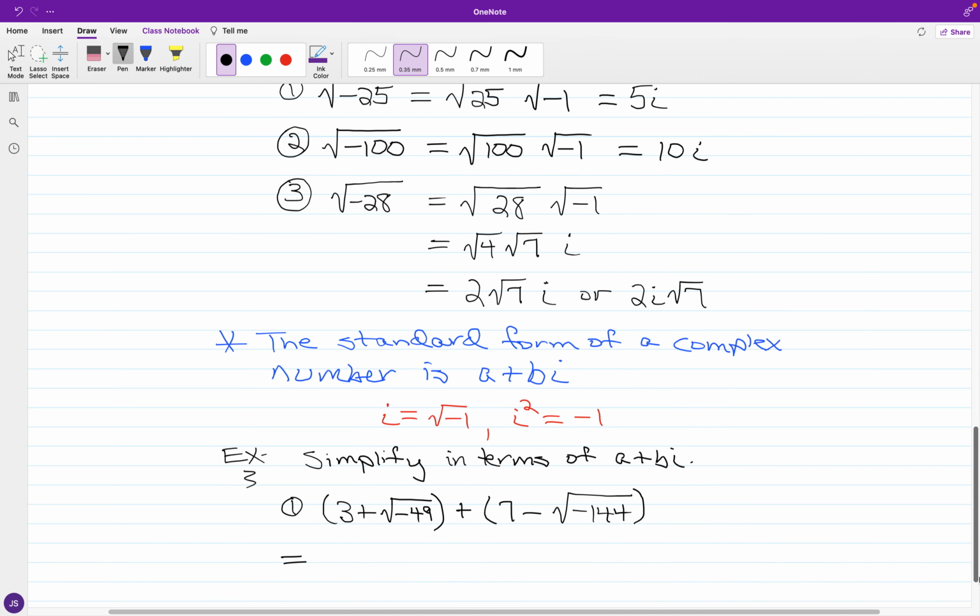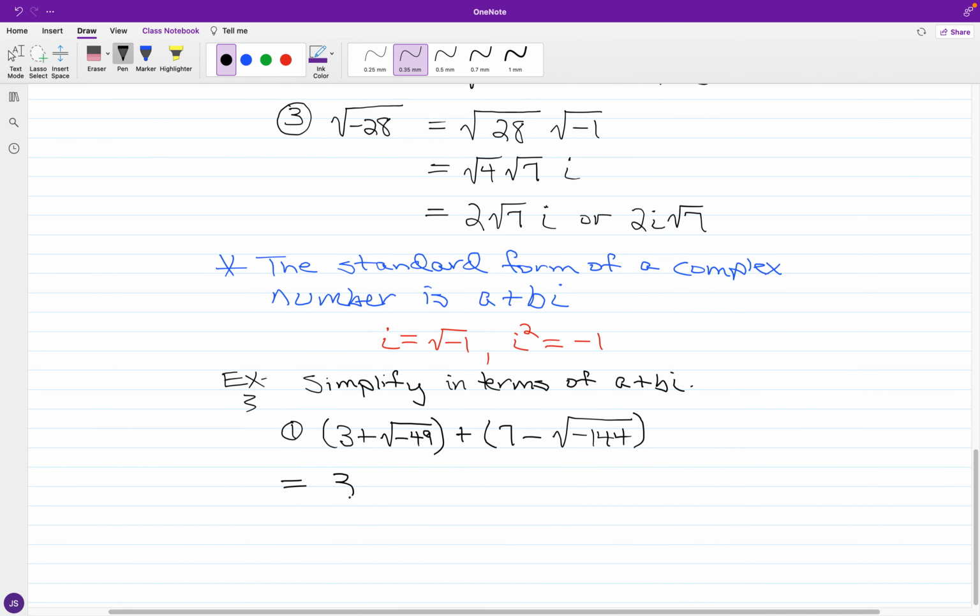Now once we remove the parentheses, which we'll get to in just a moment, right now we're converting from the square roots of negatives to their equivalents in I. So the square root of -49 will be 7i.